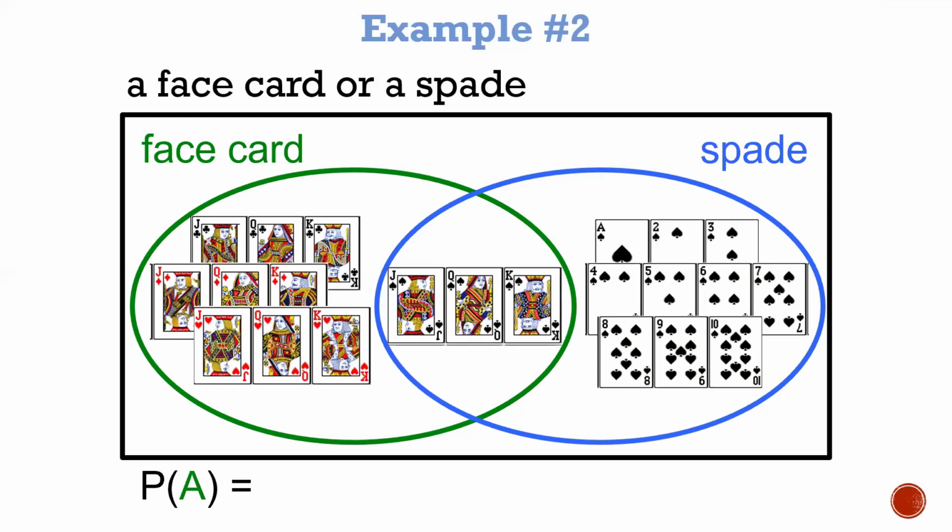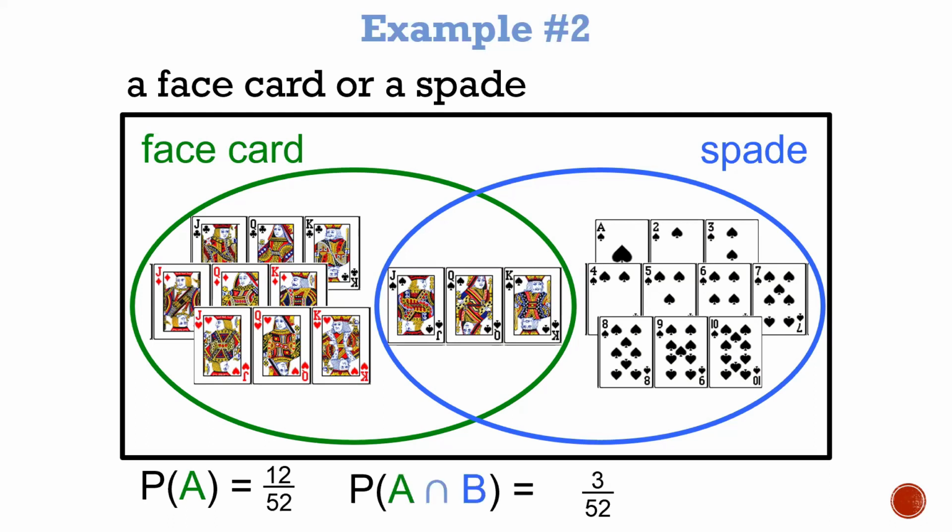The probability of A, drawing a face card, is how many face cards out of how many? There are 12 out of how many total? 12 out of 52.